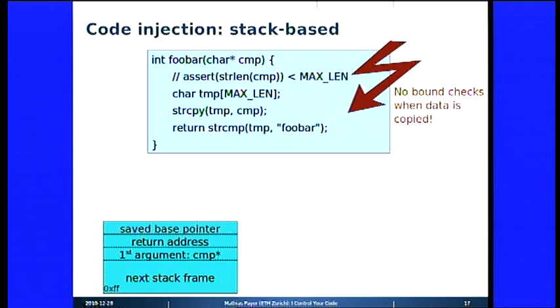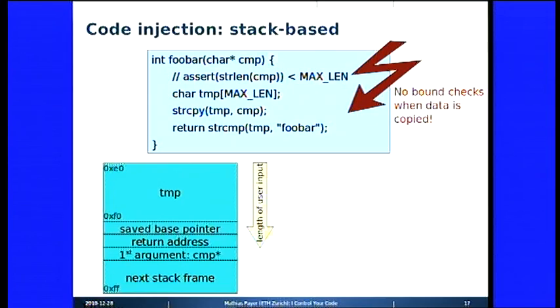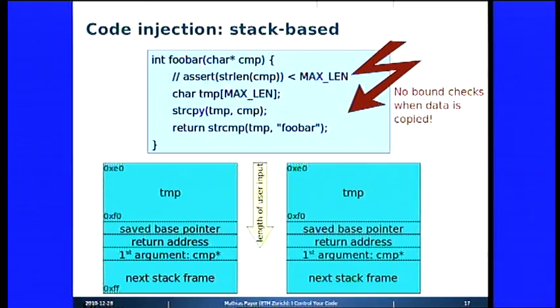That new function will open up its own stack frame with a saved base pointer, and it will have a local variable called tmp on top of the stack that will be used for the local computation. The string copy function then takes the length of the user input and copies that input from top of the stack downwards into the temp array.